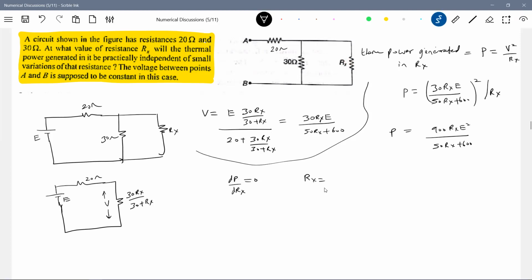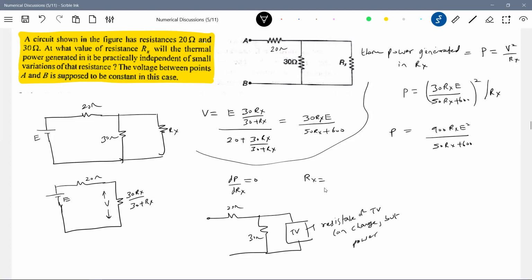This is how the designing goes. The equipment is like a television, TV. The resistance of the TV can change, but the power dissipation remains the same.